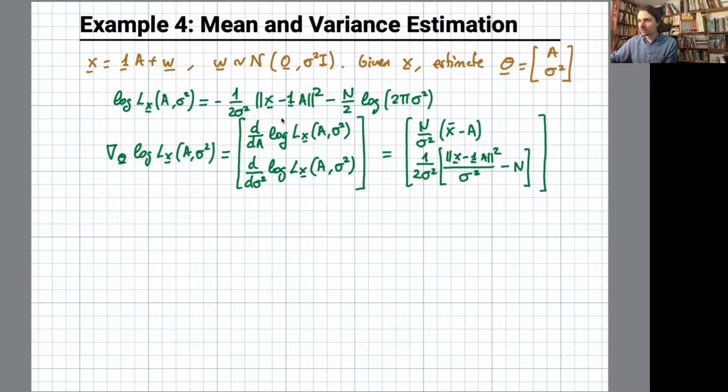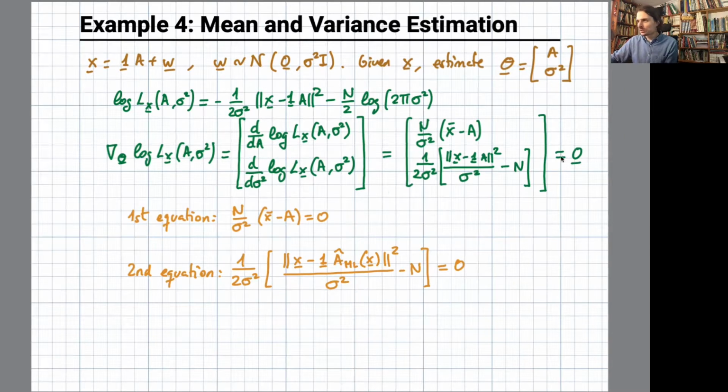So 2 slides ago, we saw that this derivative is given by this expression, and in the previous slide, we saw that this derivative is given by this expression, right? So we just need to set this equal to 0, which leaves us with a nonlinear system of equations, right? With two unknowns, namely A and sigma square, and two equations.